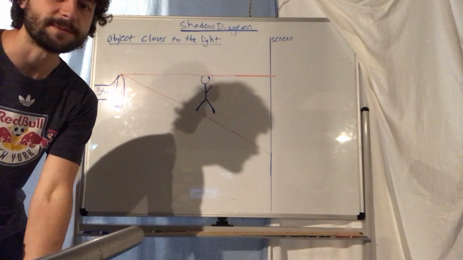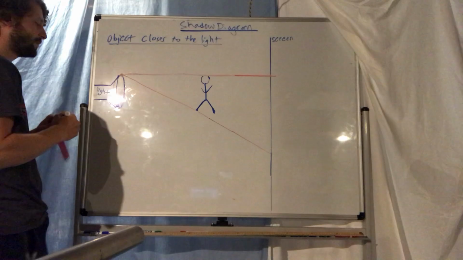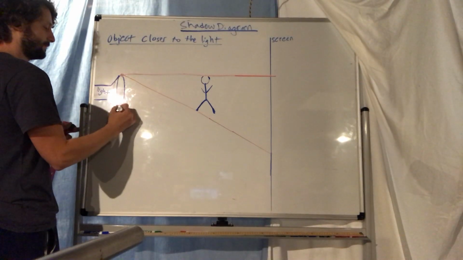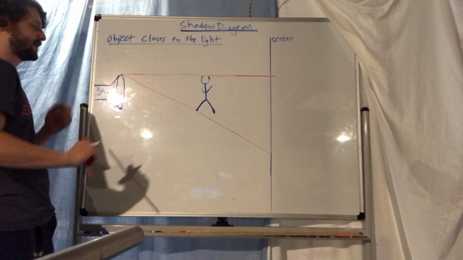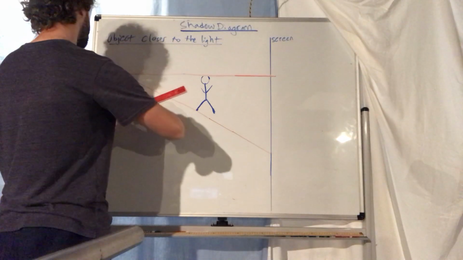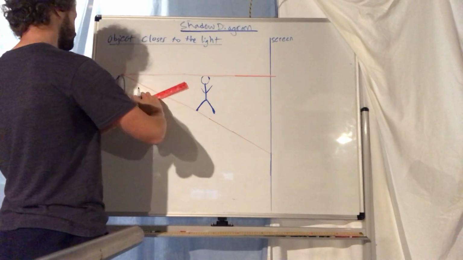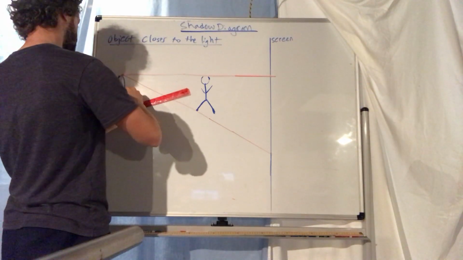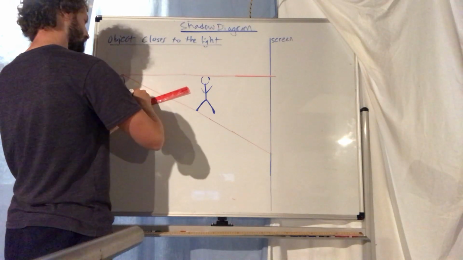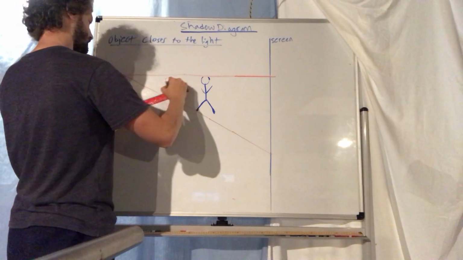Now 2 more rays, but these come from the bottom of the flashlight. Let's see if we get a fuzzier shadow after we draw these rays. Okay, skim the head.